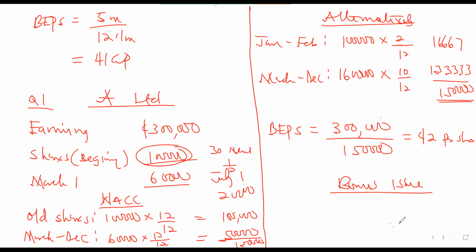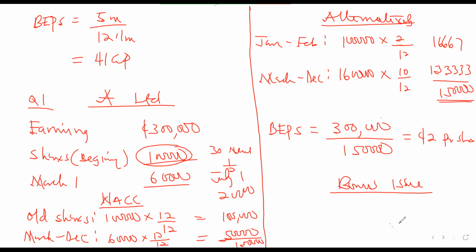We assume that the 142 has been done at the beginning of the year or at previous year, and it will be assumed to be in issue from the time that the company starts operating. So bonus issue on existing shares is not time apportioned. You have to pay very much attention to this one.